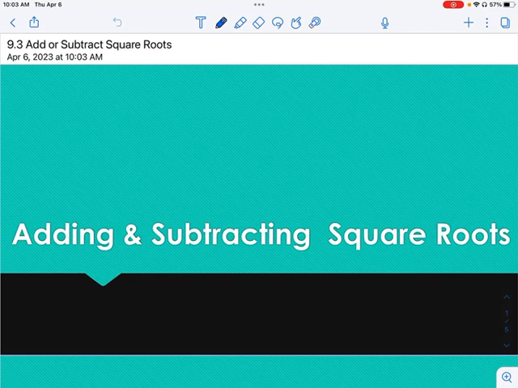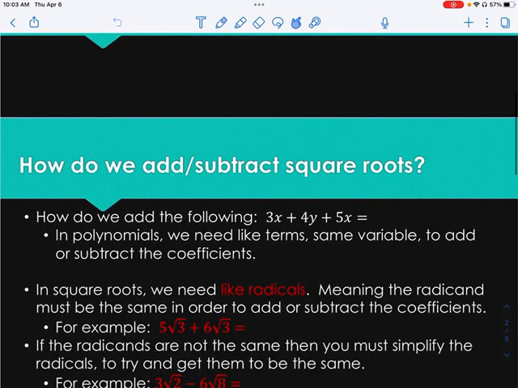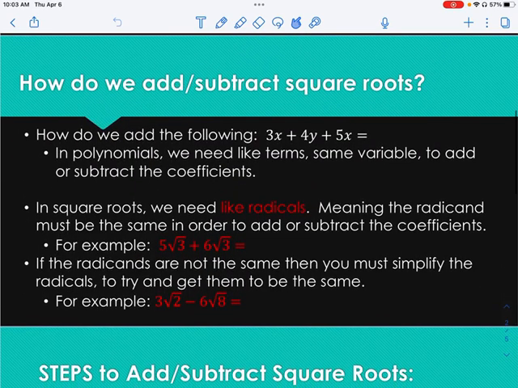All right, we are continuing on with our square roots chapter, and we are looking at adding and subtracting square roots. Okay, so the first thing I want to talk about, let's go back a little bit and talk about polynomials.